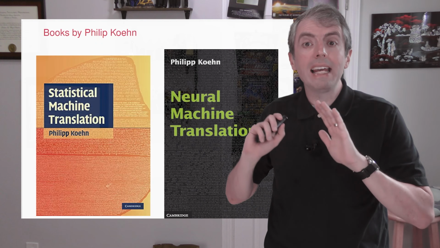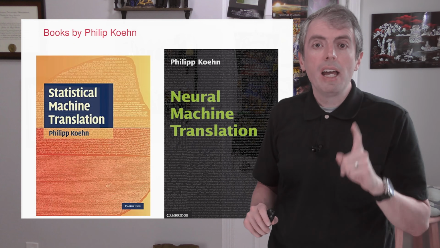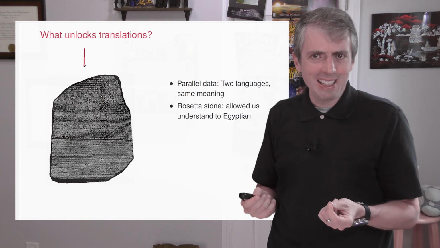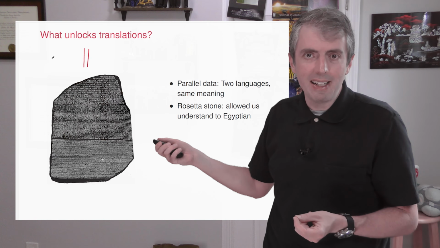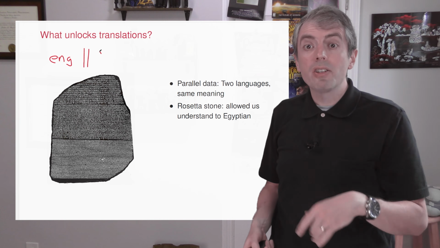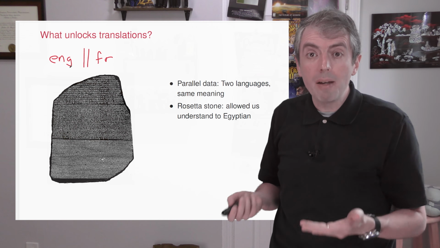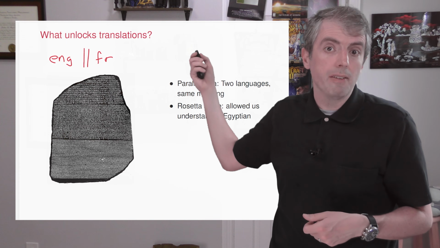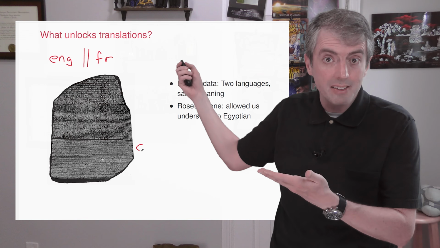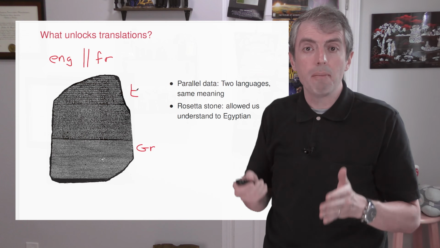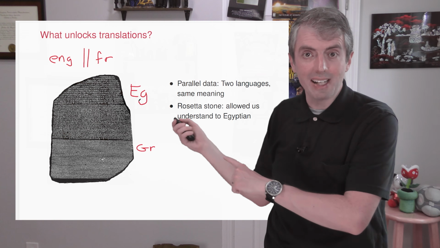First off, to learn any sort of machine translation model, you're going to need some parallel data. They're called parallel data because you have English on one side and French on the other, for example. And this isn't just for machines. We only came to understand Egyptian hieroglyphics when Jean-François Champollion produced the first transliterations from the Rosetta Stone because it had Greek and Egyptian versions of the same text, a parallel text.